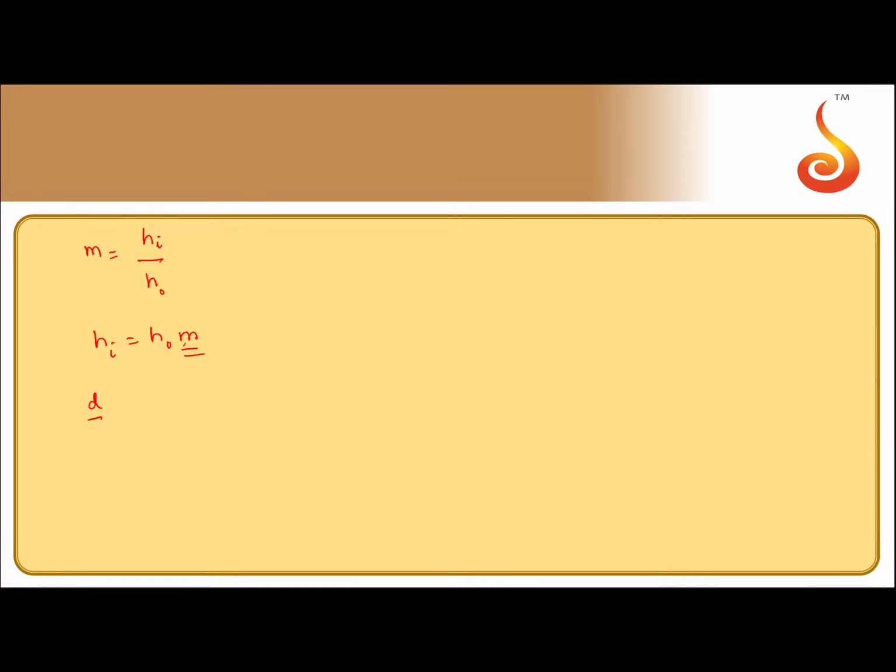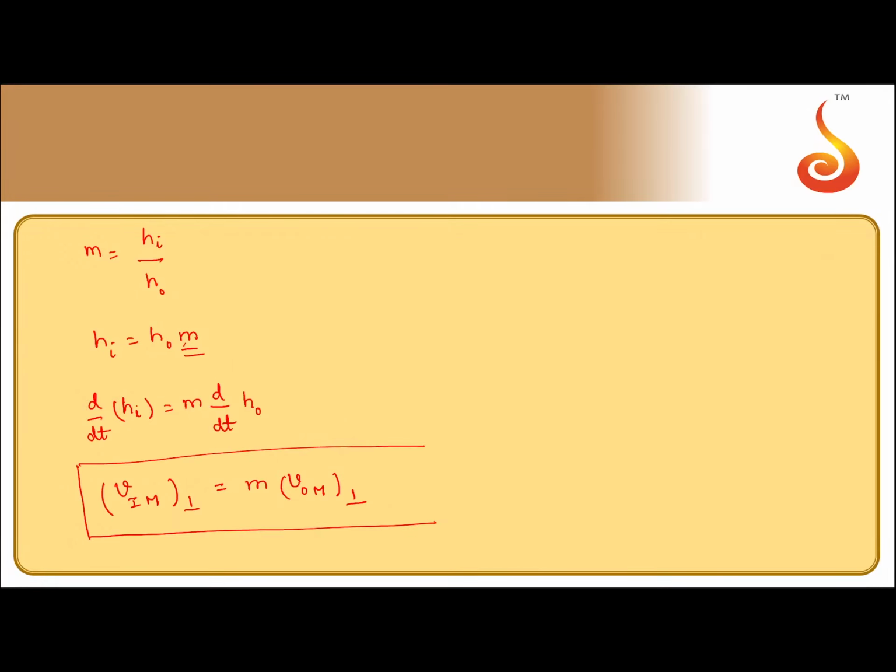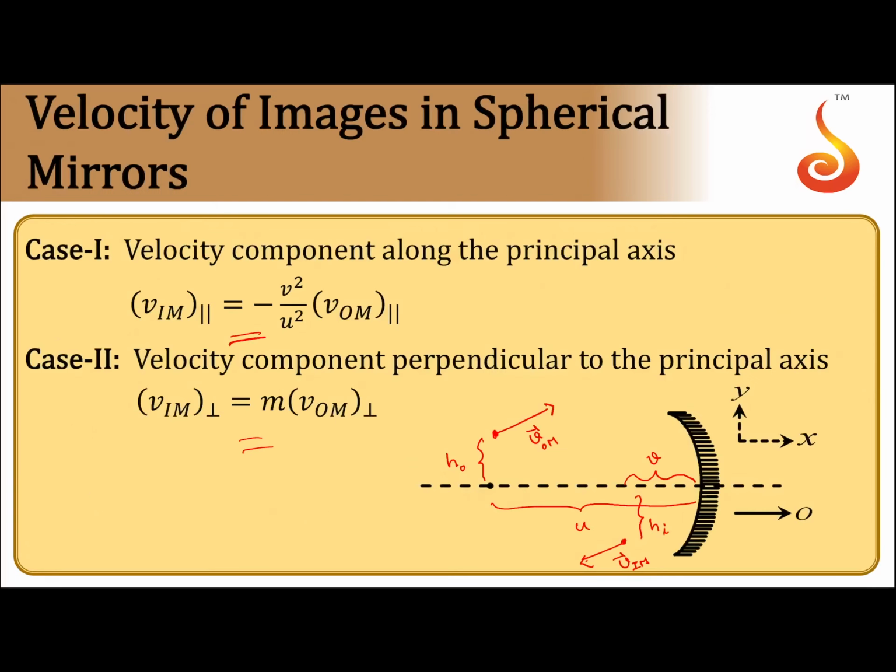So that is d/dt of h_i is equal to m into d/dt of h_o. This gives us the velocity of the image with respect to the mirror and perpendicular to the principal axis is equal to m into the velocity of the object with respect to the mirror perpendicular to the principal axis. Okay, so these are the two relations which we have derived right now.